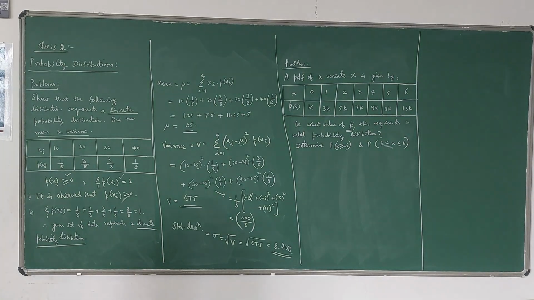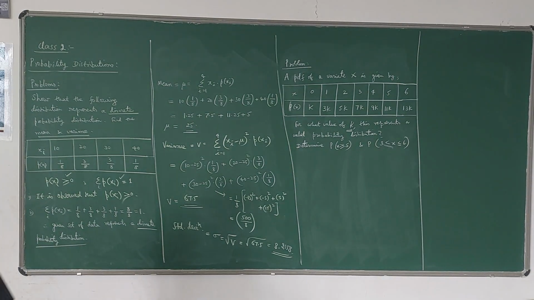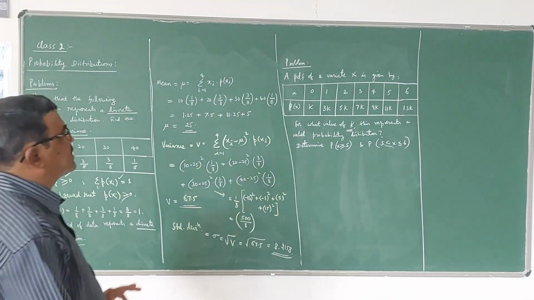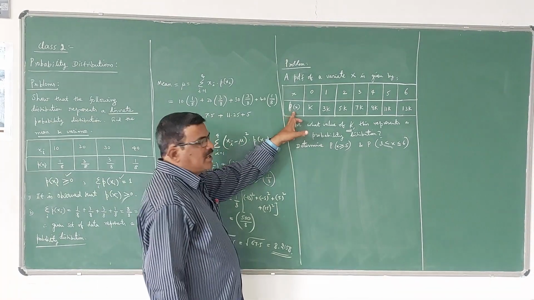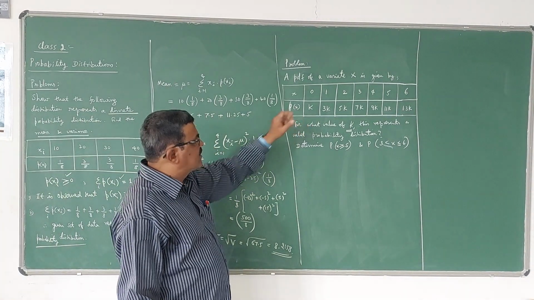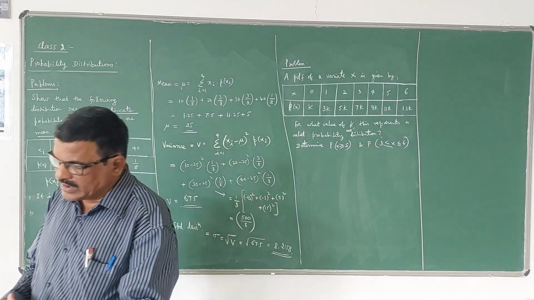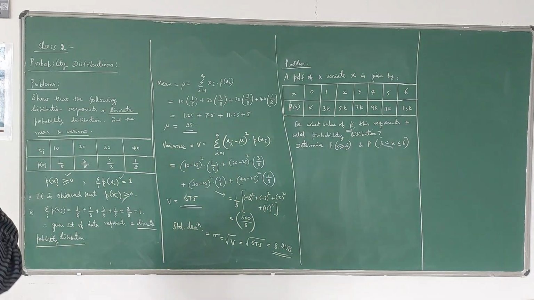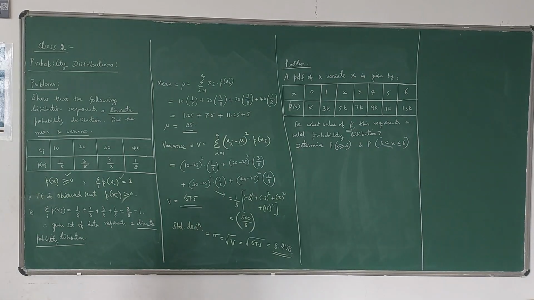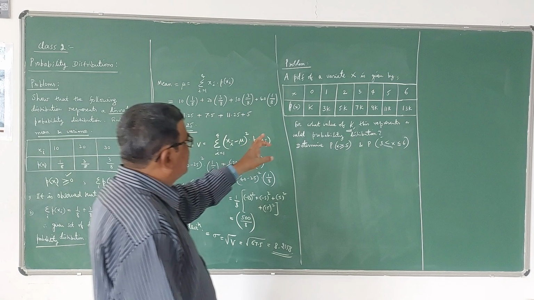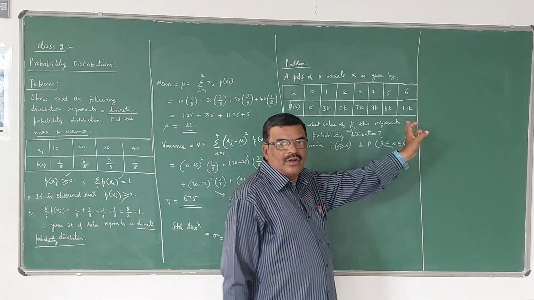So understand the problem here. Instead of giving probability, he has given the PDF itself, probability density function, capital P of x, but in terms of k. So the first condition is that all this k should be greater than or equal to 0.